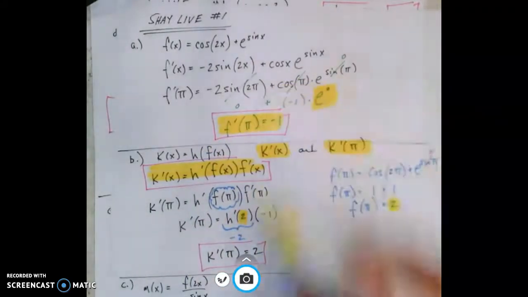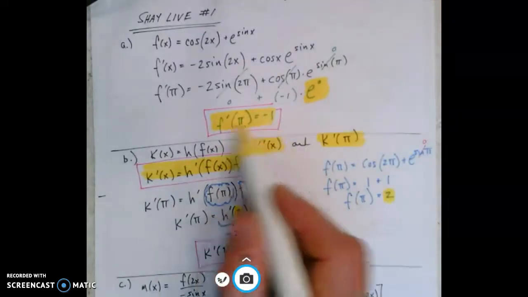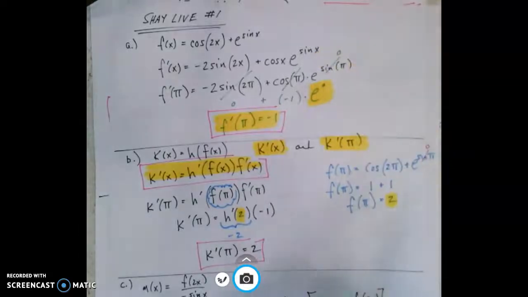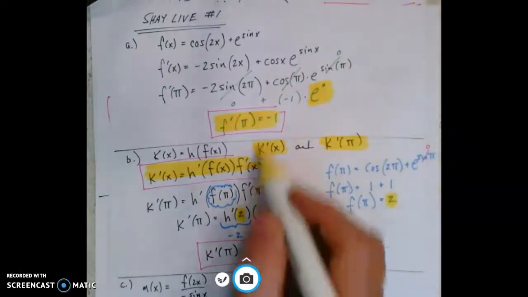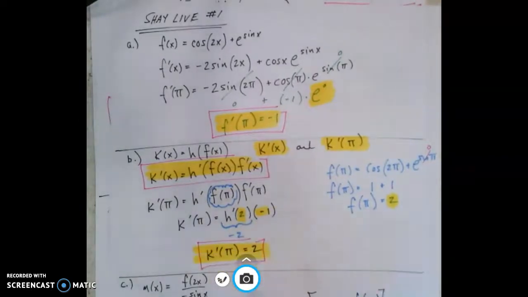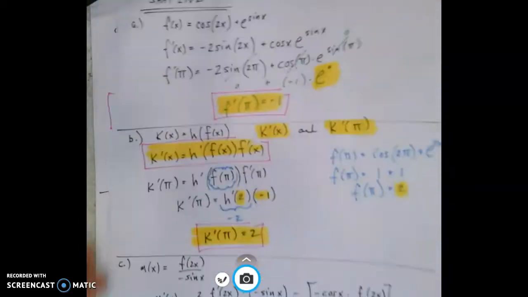That will be a frequent occurrence where we're going back and finding the work we've already done, and that's why it's really important that this is clear and concise, where we can go back and find it quickly. But anyway, f prime of pi is -1. That's there. -2 times -1 is +2. Done. All right. The third problem.